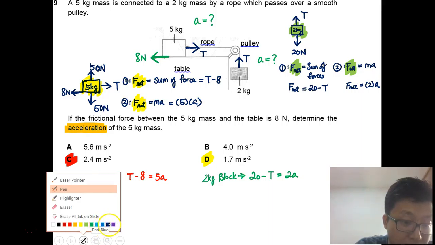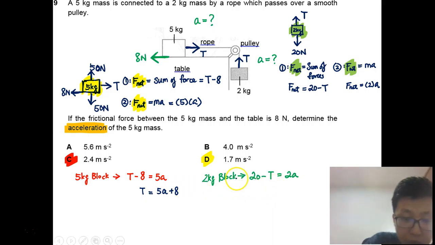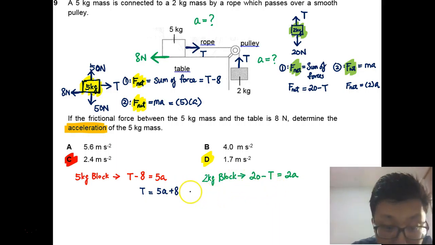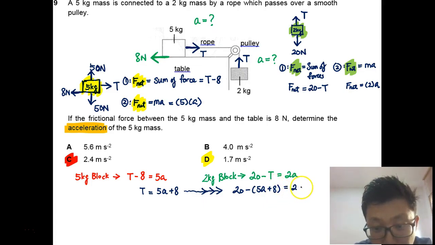Let's choose a color. Okay, so let's make T the subject here, it is very simple. And of course, I'm going to substitute it into this equation. So I would have 20 minus bracket 5A plus 8 equals 2A.